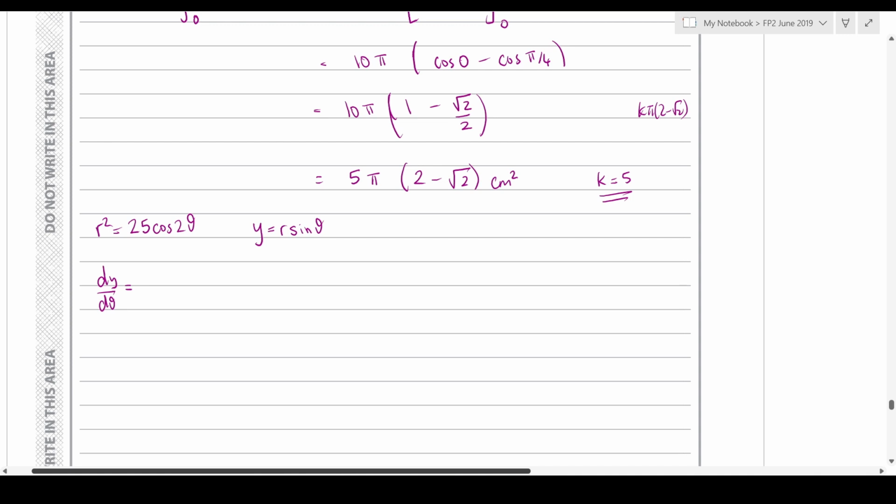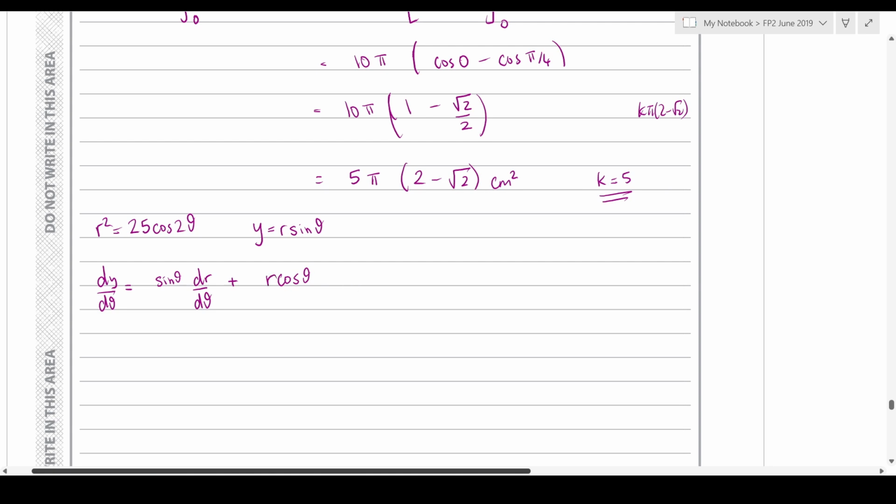If I differentiate r, I'm going to get dr d theta, so that's going to be sine theta dr d theta. Plus, if I differentiate sine, I'm going to get cos theta times r.